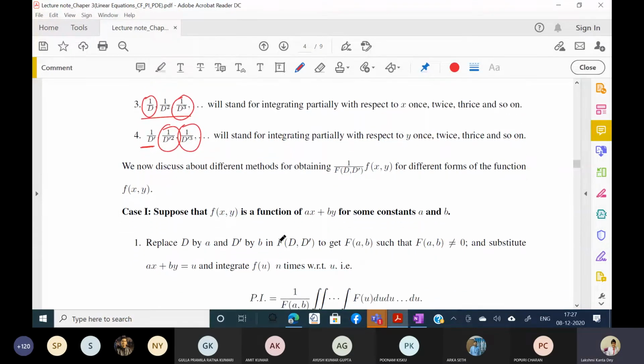Depending on the nature of the function, we have different cases. If your function F(x,y) is of the form of a function of ax plus by, for example 2x minus y, that means a is equal to 2 and b is equal to minus 1.